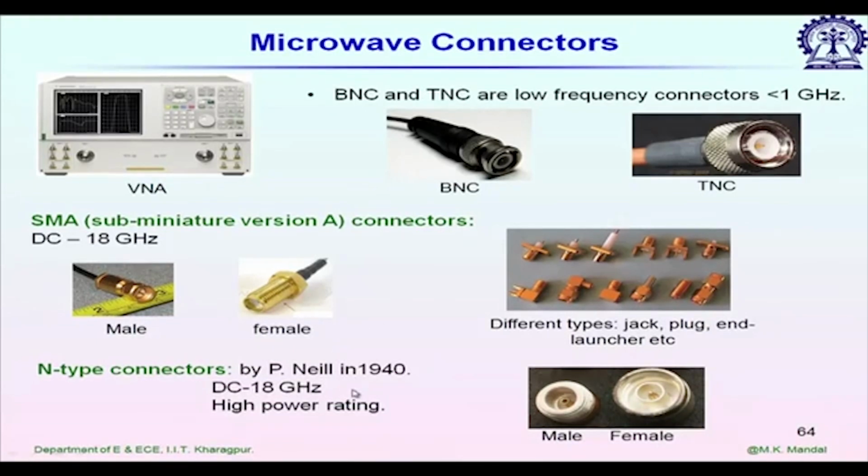Among these, the most popular connector at microwave frequencies is SMA or sub miniature version A. It came in the 1960s. The right side picture shows, in the first line, different types of SMA adapters. We have male and female types, and when you are ordering different connectors, you have to be very careful about the mate.